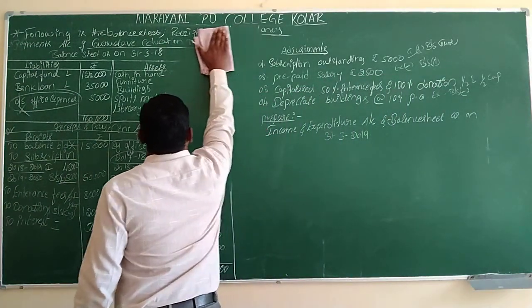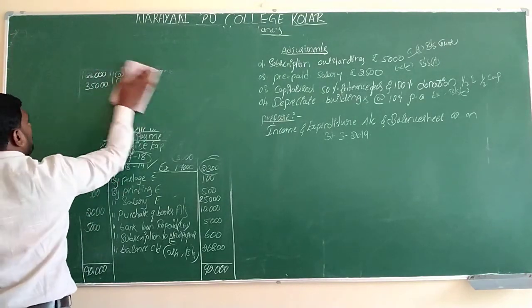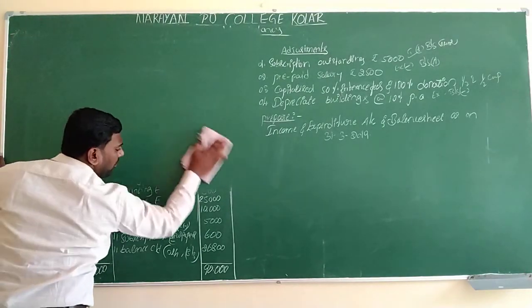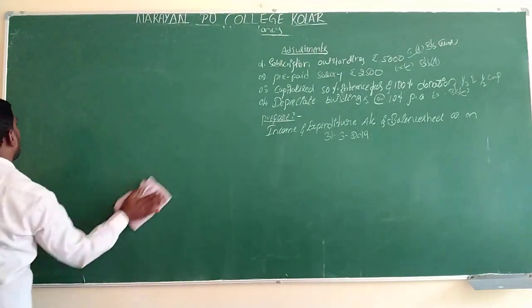Ledger account. So here we have to prepare the NPO's accounts. Before that, first we have to draw the columns. Later on, we will move to the solutions.